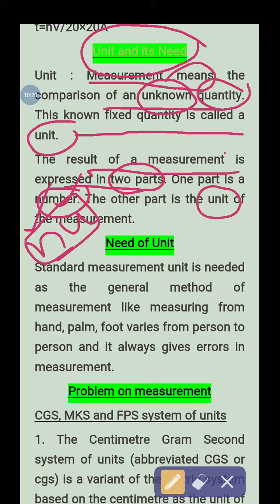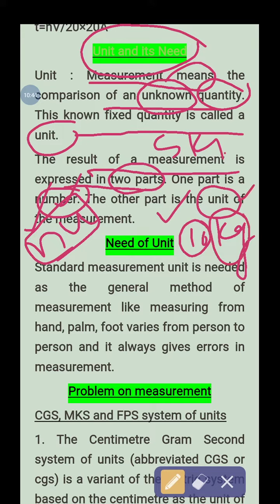You are going to say give me 5 kg potatoes, 6 kg potatoes, or 10 kg potatoes, or any other vegetable. So what is 10? 10 is the number and kg is the unit. So we write the unit along with the number only.